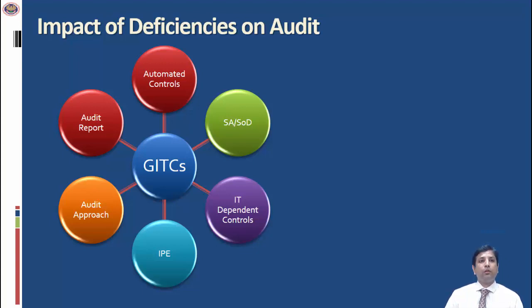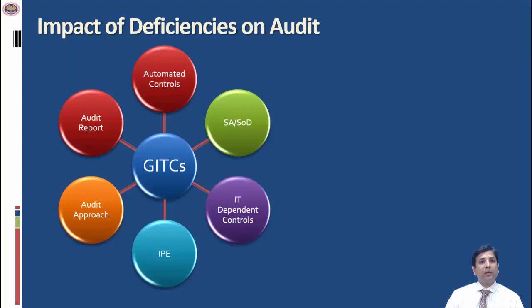So with this, we come to the conclusion of this session on general information technology controls. I hope this session has given you more insight and knowledge into how to audit in an ERP environment better.